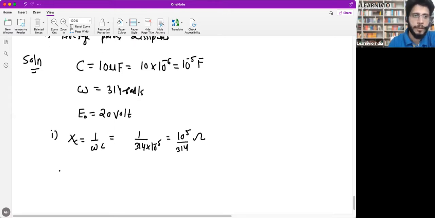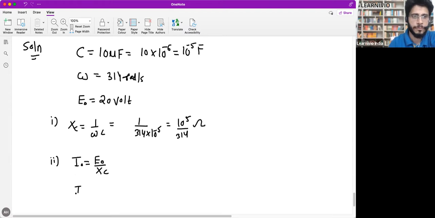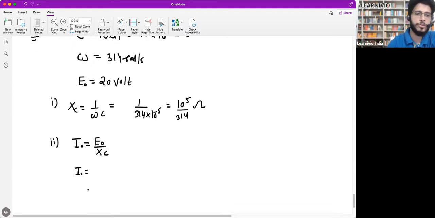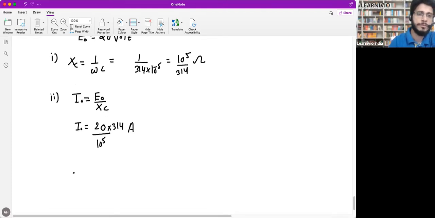First part done. In the second part, you need I naught. I naught is E naught divided by Xc. E naught is 20 divided by Xc, which is 10 raised to the power 5 by 314, so 20 into 314 into 10 raised to the power minus 5 ampere. Third part, you need I RMS.